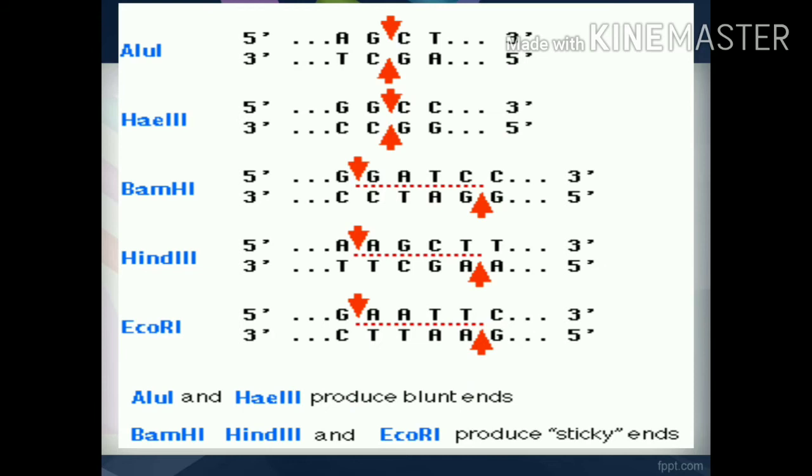Here AluI and Haemophilus influenzae II cut at blunt ends. They recognize the sequence and make blunt cuts, so they produce blunt ends. Whereas BamHI, HindIII and EcoRI endonucleases cut at two different locations and hence produce sticky ends.